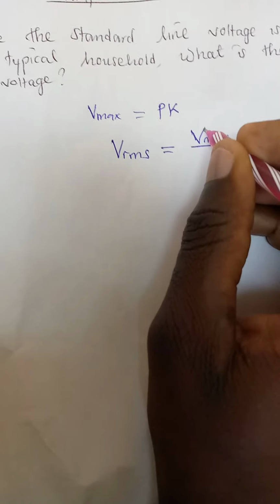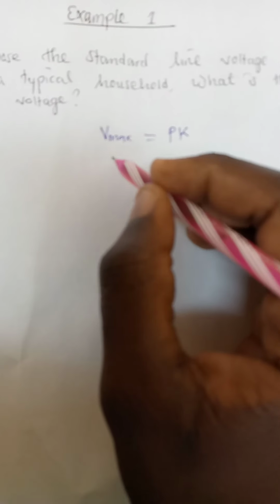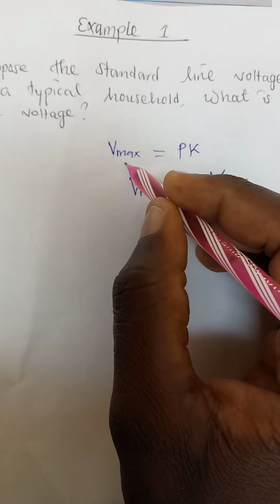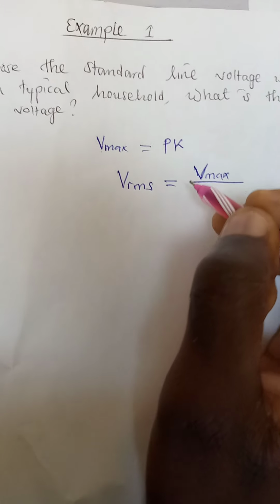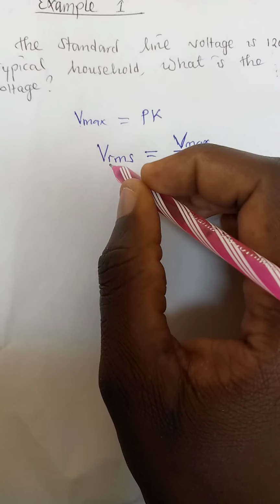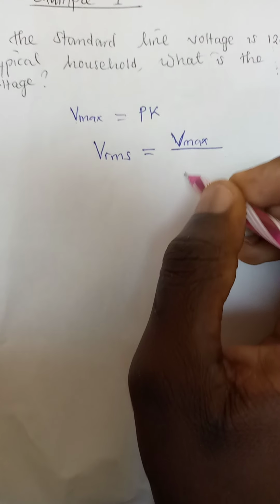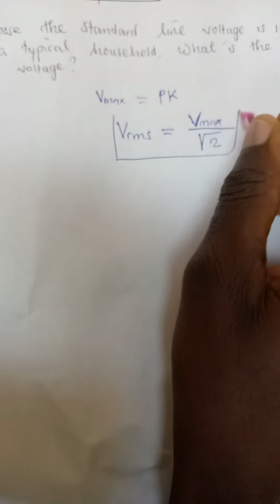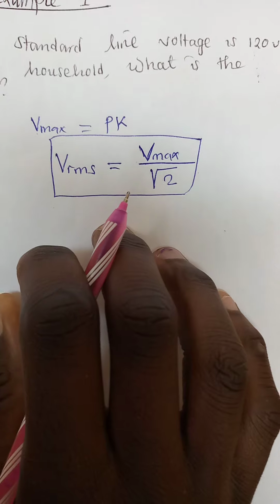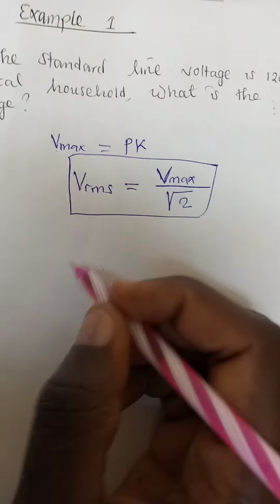Vmax is equal to peak. So we are saying Vrms is equal to Vmax over root 2. I'm going to explain a lot about this formula in the next video.